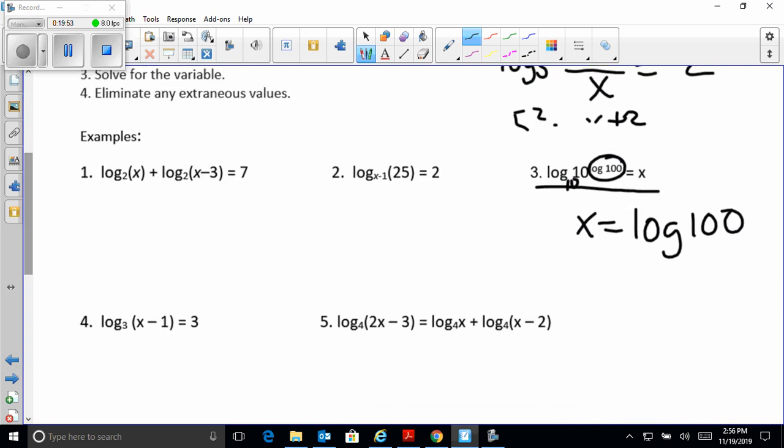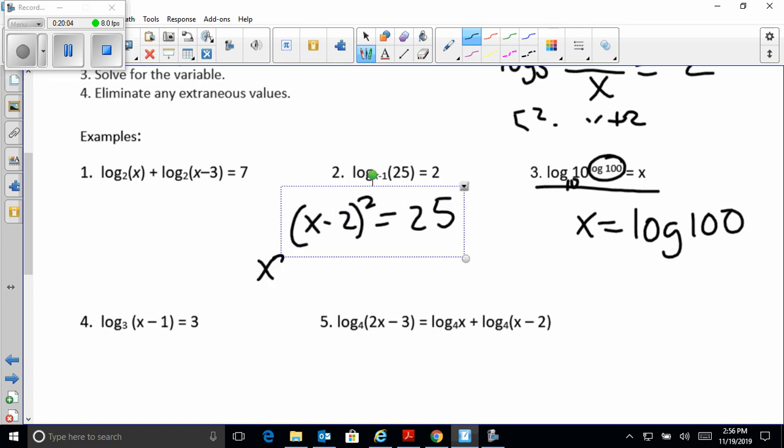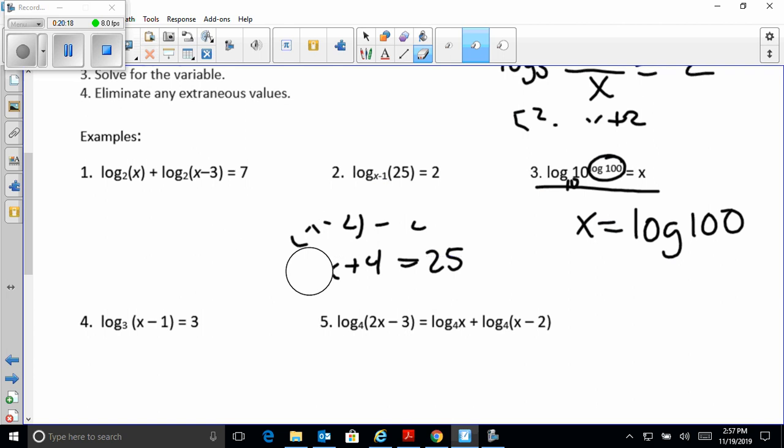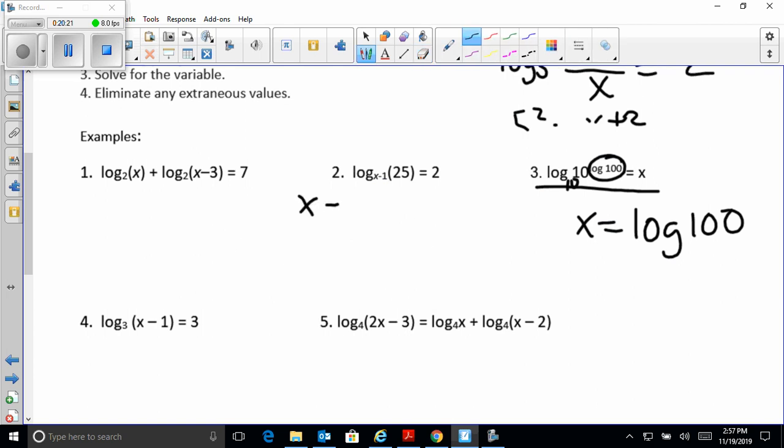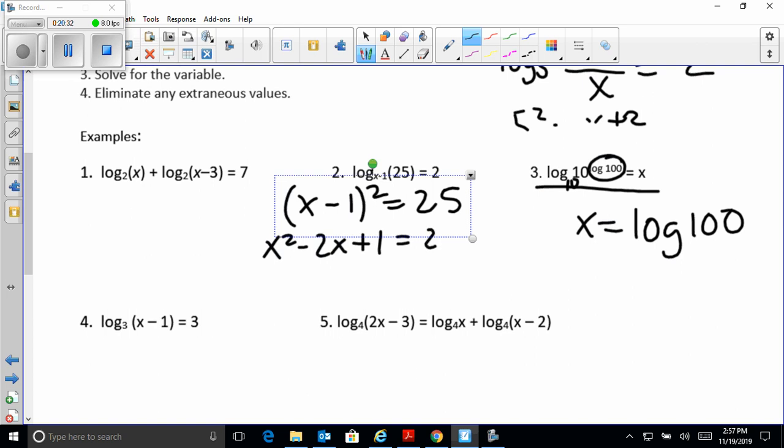All right, let's take a look at number 2. That's kind of an easy one to do. (x minus 2) to the power 2 is 25. So I'd have to factor that out, or multiply that out, that's x squared minus 2x plus 1 equals 25.